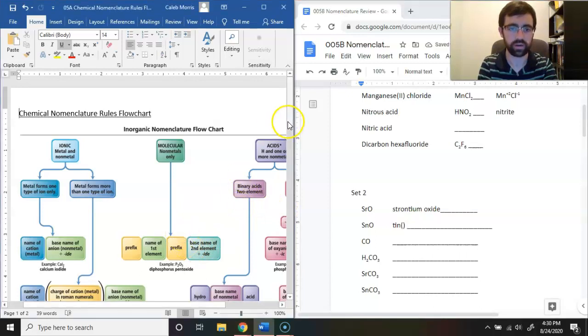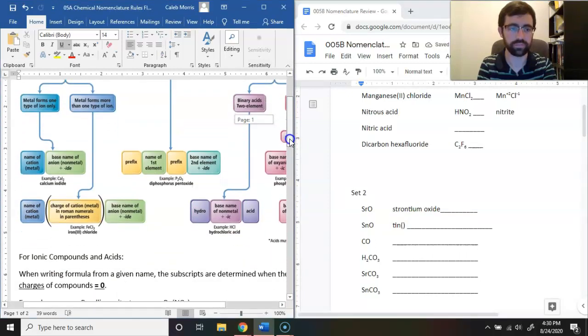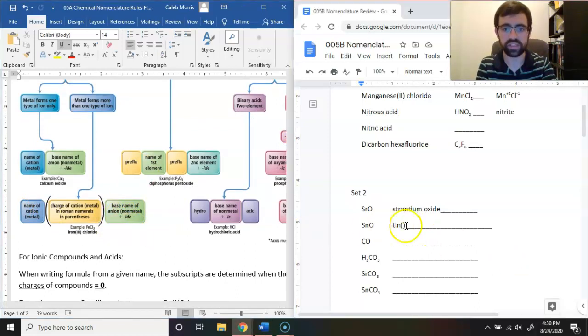And then I need to have the base name of oxygen replaced with the ending "ide." The exception to that, of course, is if we have a polyatomic ion. We'll talk about those too. Okay, tin something oxide. I don't know what that Roman numeral is, though. Well, this is where you've got to do a little bit of work, a little bit of math. Not a ton, but a little bit.